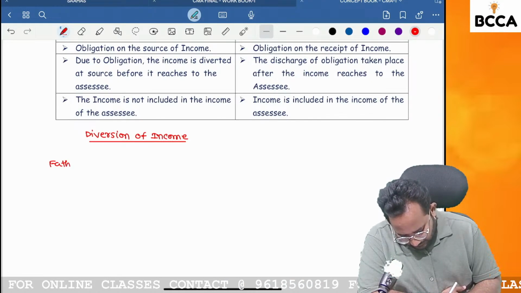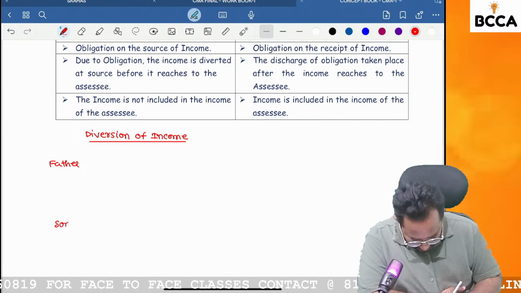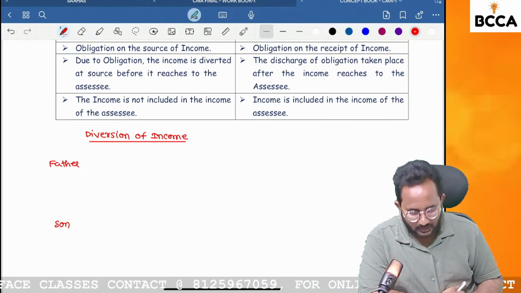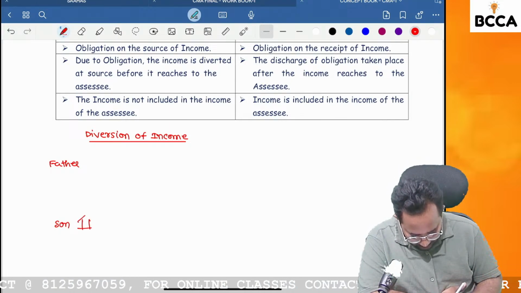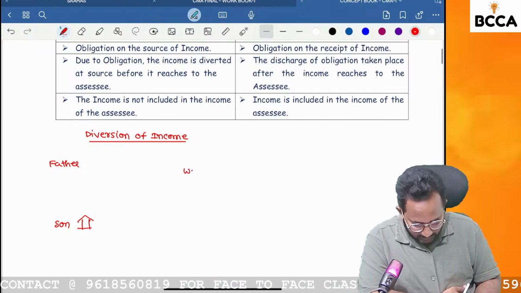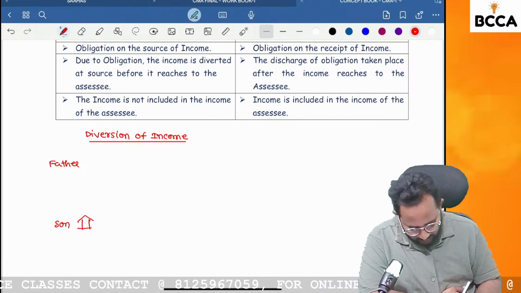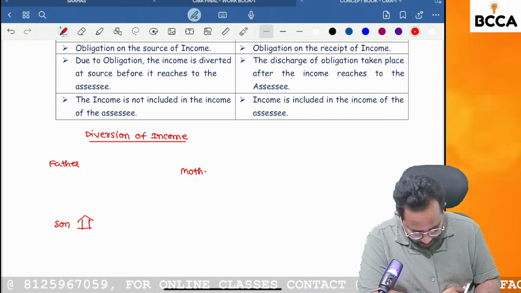Father is there. Father gave one house property to his son. The father is bothered about nothing but the son's career.